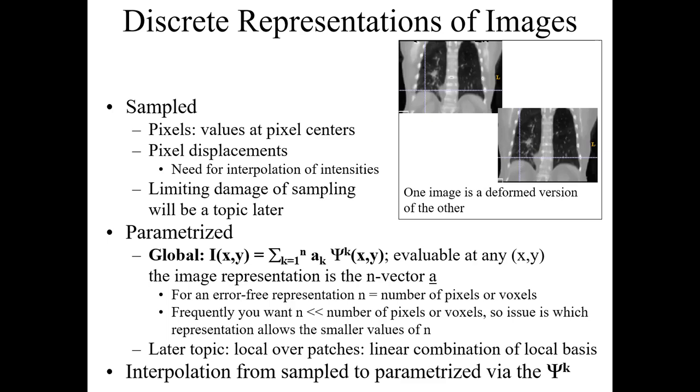For the Taylor series, they were polynomials, and each one of the polynomials could be evaluated at any xy. That is to say, you had a formula for it. We say a formula with parameters. The parameters are the coefficients, a sub k. For any xy, you can evaluate I of xy. And so in particular, when you want to interpolate at a particular xy, you just evaluate that polynomial.